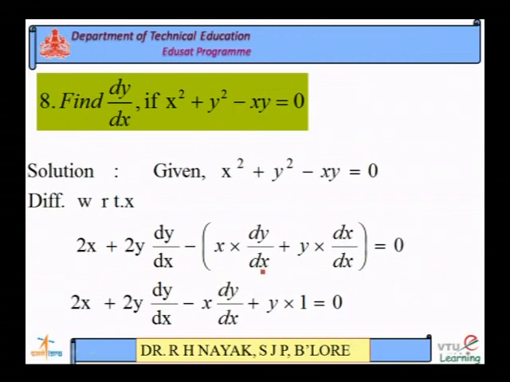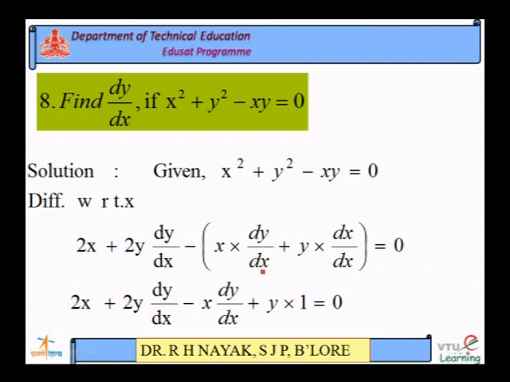Based on this idea, let me give a few examples of how to differentiate an implicit function. The first function is x square plus y square minus xy is equal to 0. There we have to get dy by dx. First differentiate all x and y terms simultaneously.